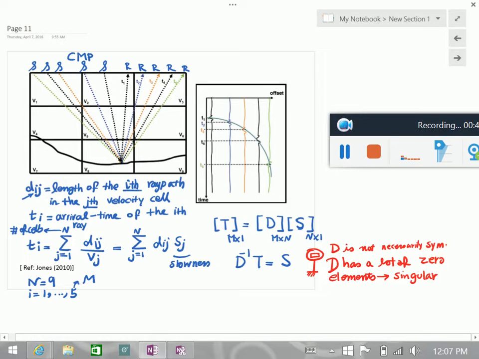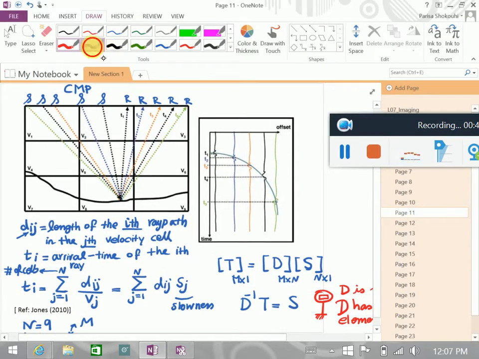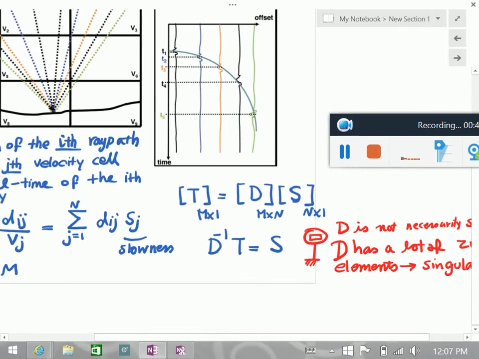If the symmetry was the problem, how could we go about it? If it was only the problem with symmetry, there is a trick to go around it.